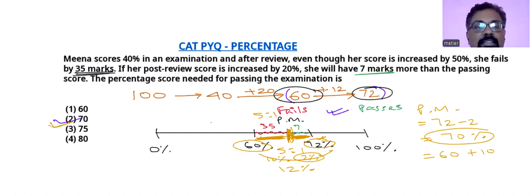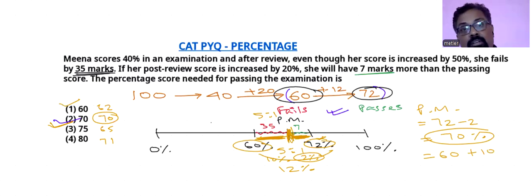When the options are like this, say 62, 70, 65, and 71, these four options, you can easily mark 70. In this actual question, the options were suitable, so you can easily go with option checking. When options are not suitable or not given, you can check with the number line. You don't need to assume total marks X and then form equations.